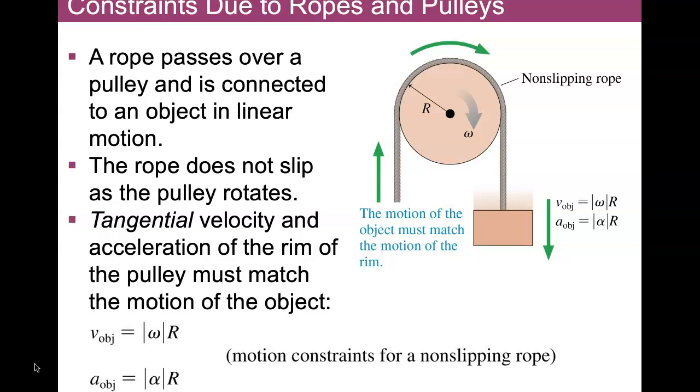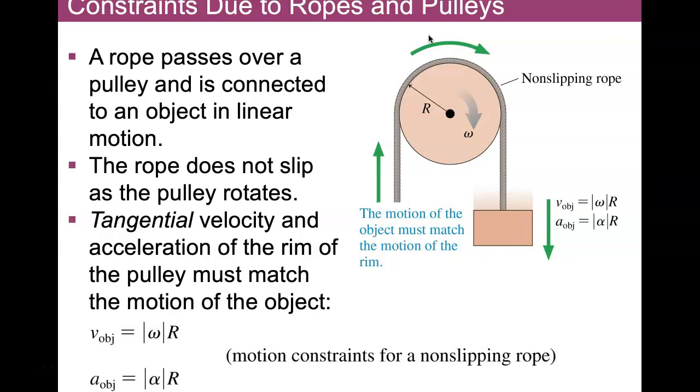Or if you have a rope that wraps around a pulley like this, and some mass is attached to the rope and accelerating downward, and at the same time the pulley is rotating.